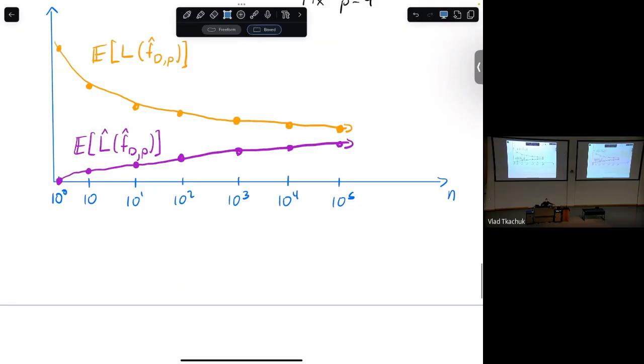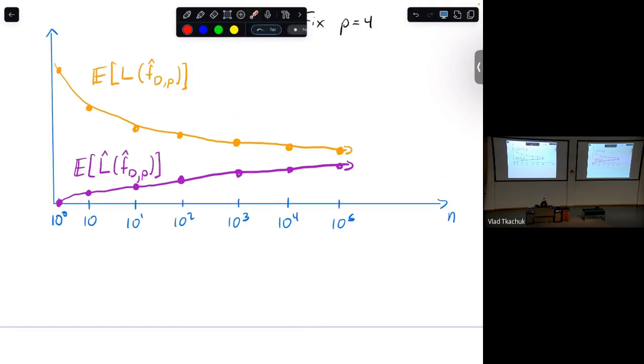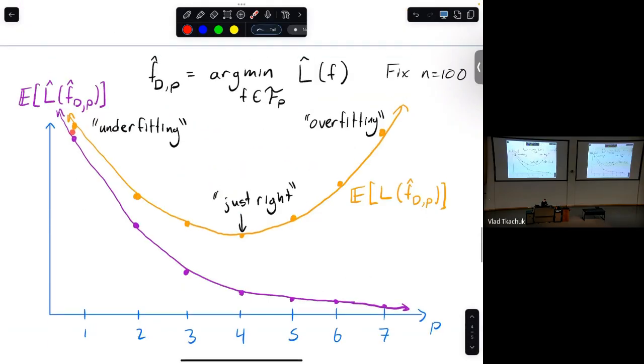But in practice, you only have one data set, right? And you run your empirical risk minimizer on your data set with whatever batch gradient descent or whatever you want. You minimize that. And you really do see a plot kind of like this. It does keep decreasing. And the question is, which polynomial degree should you pick?